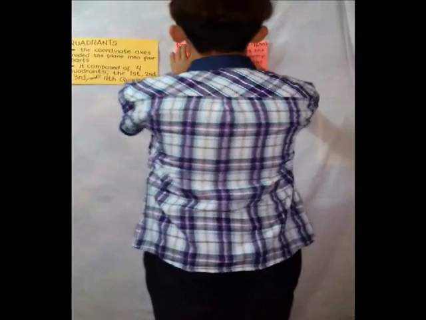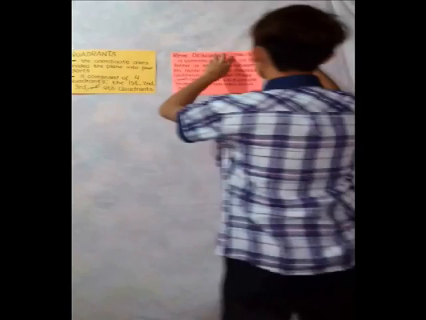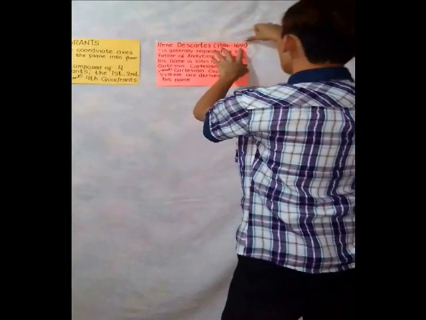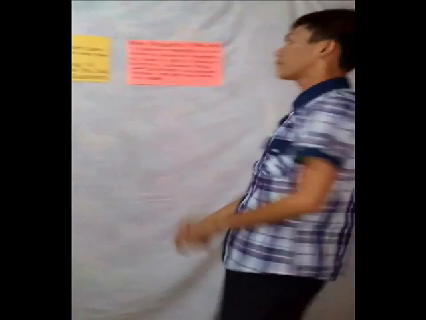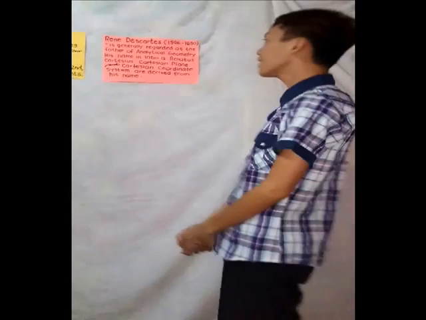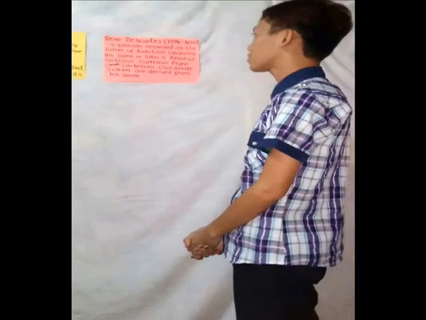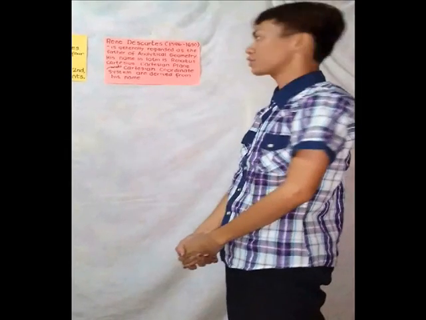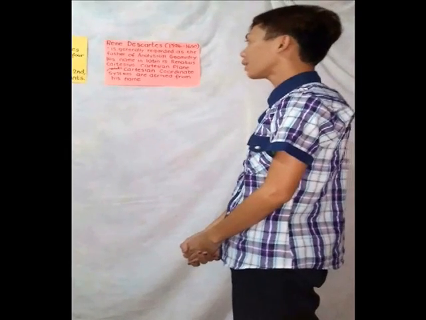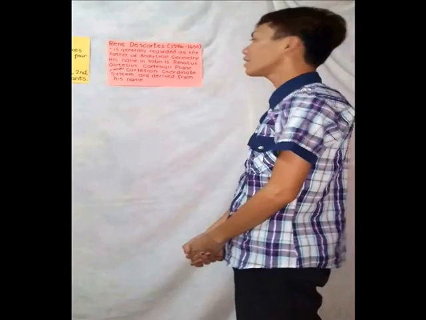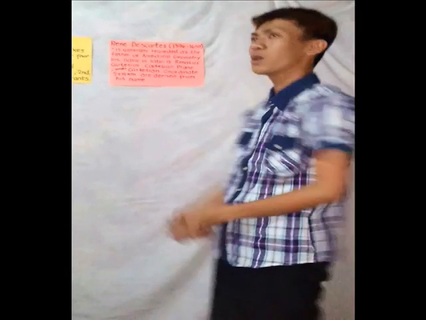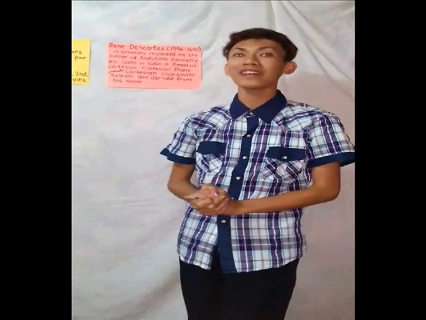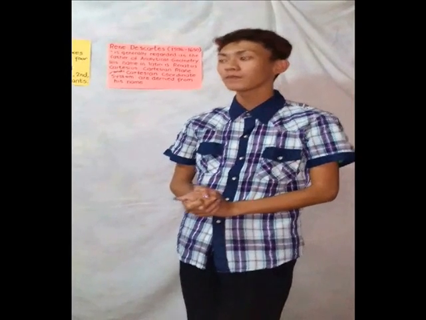René Descartes, born in 1596 up to 1650, is generally regarded as the father of analytical geometry. His name in Latin is Renatus Cartesius. Cartesian plane and Cartesian coordinate system are derived from his name. So René Descartes is also the father of analytical geometry.